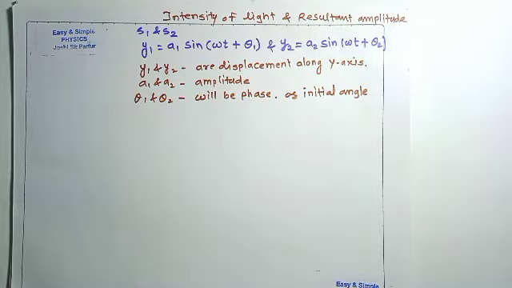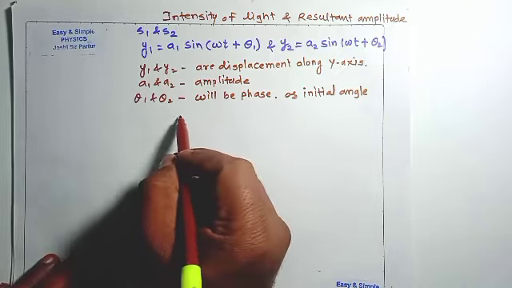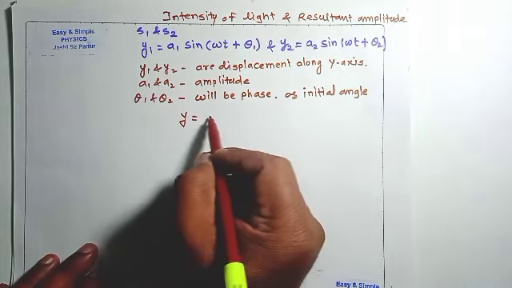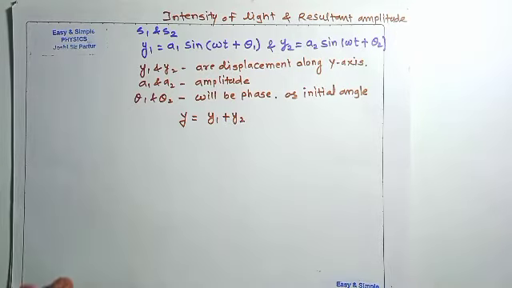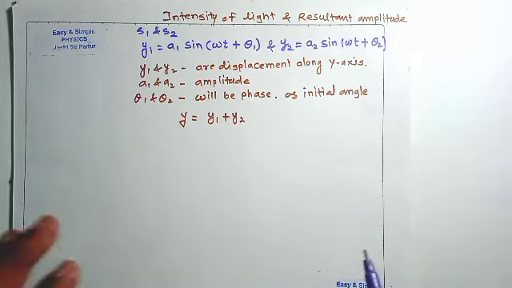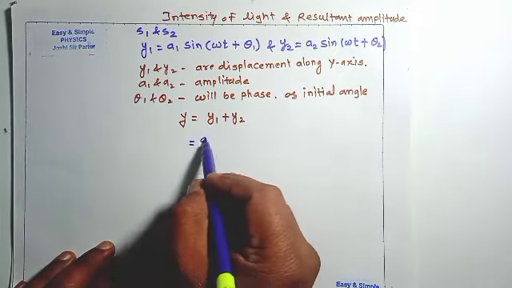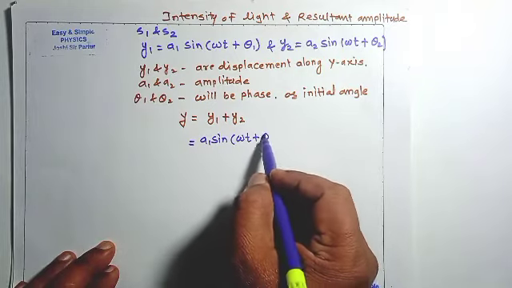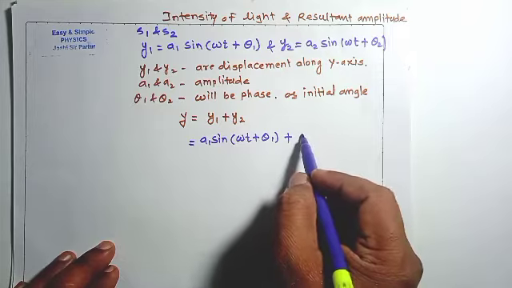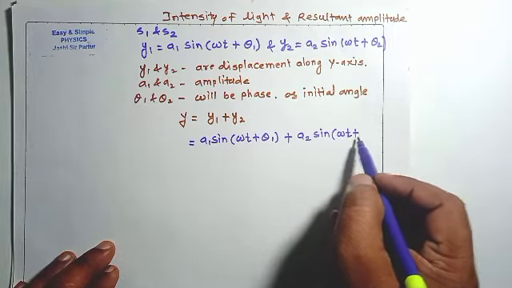When the two waves are mixed together using the principle of superposition of waves, the resultant displacement y is equal to y1 plus y2. If we substitute the values of y1 and y2, it will be a1 sine of omega t plus theta 1 plus a2 sine of omega t plus theta 2.